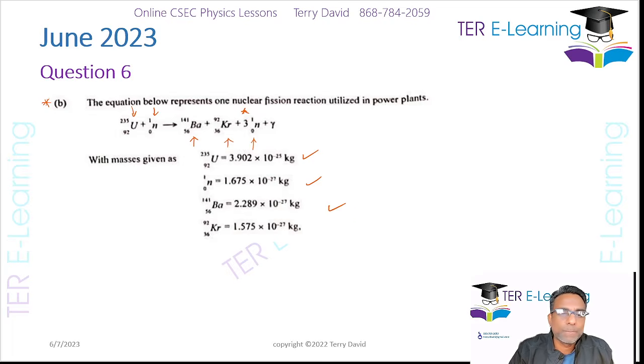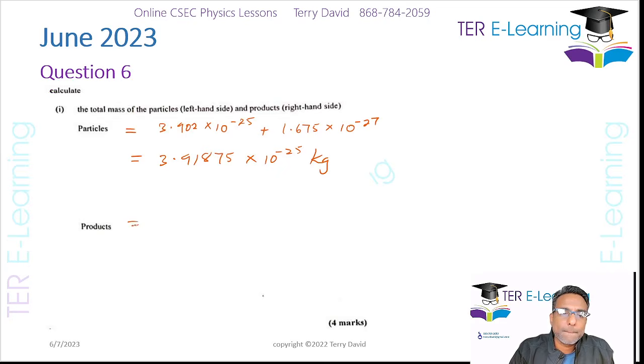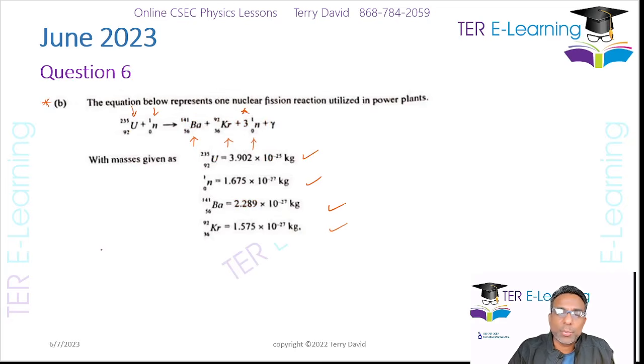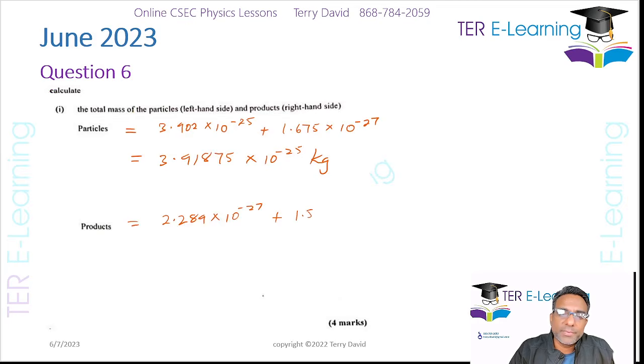Plus krypton, so that's 1.575 by 10 to the minus 27. Plus, now you have 3 neutrons, so that's going to be 3 multiplied by 1.675 by 10 to the minus 27.